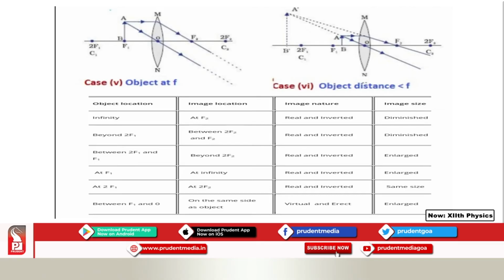If it is at f, the image is at infinity, real, inverted and enlarged. At 2f, I have told you the image is formed at 2f, it is real, inverted and of the same size. Now, if it is between f and O, the image is on the same side, virtual, erect and enlarged, which is over here. So, this is the image formation by a convex lens.